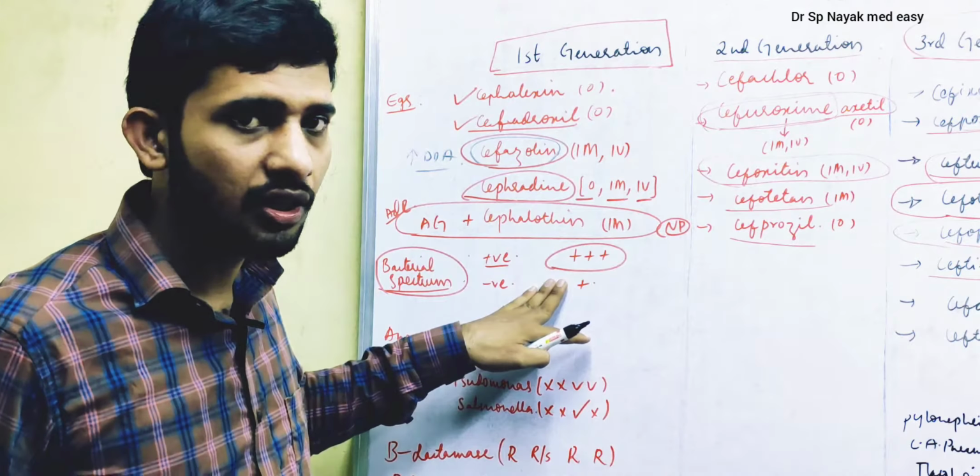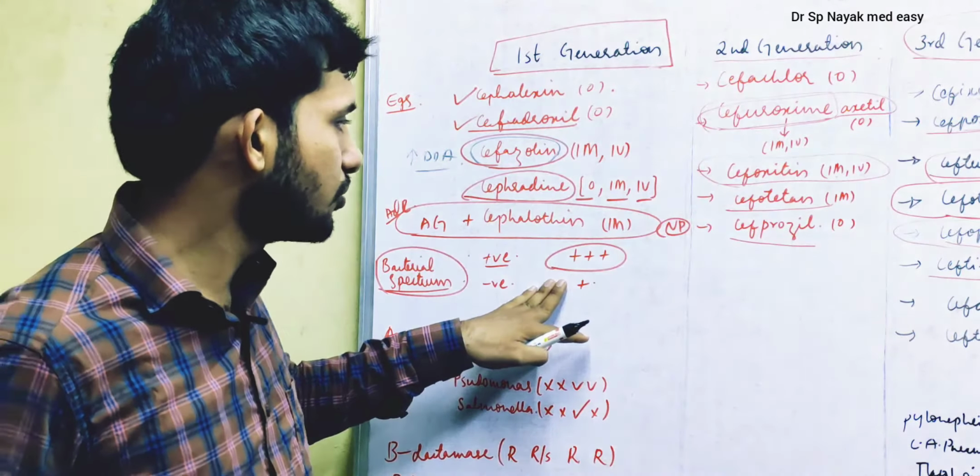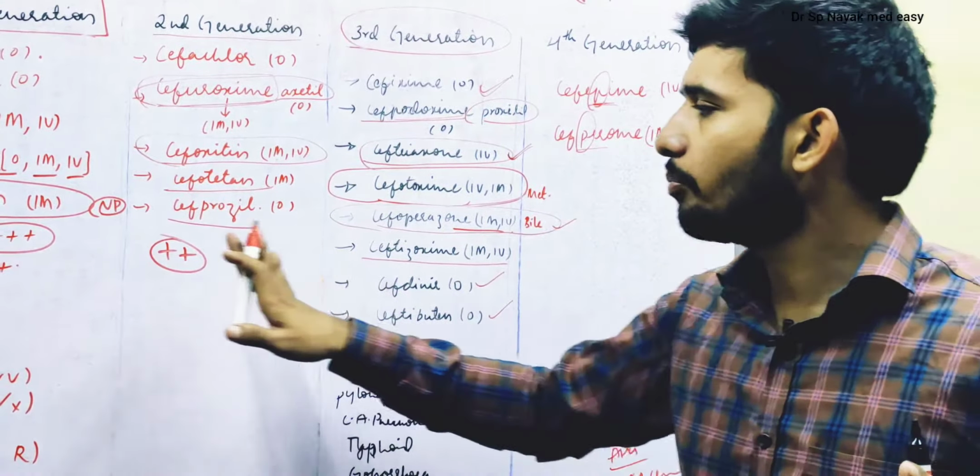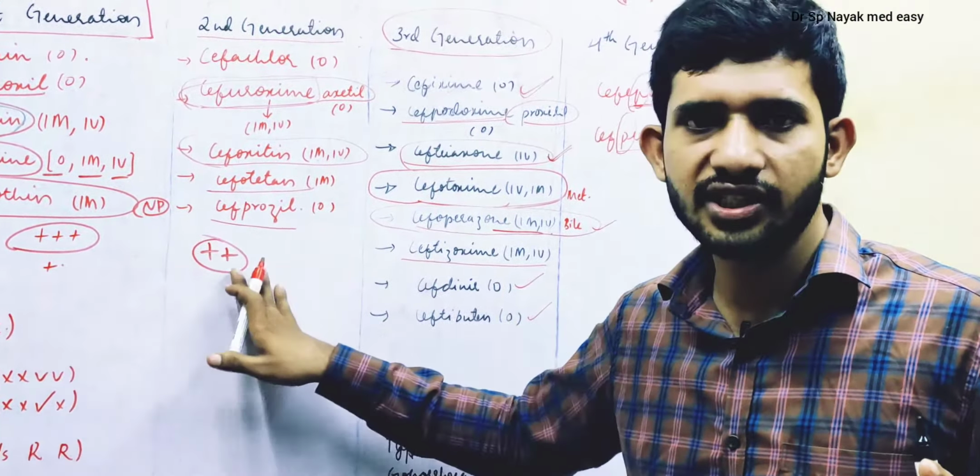First generation, and even second generation, are very effective on gram-positive organisms. And third generation and fourth generation are only slightly active on gram-positive organisms. Remember, first and second generation are very active on gram-positive organisms, and third and fourth are very low.